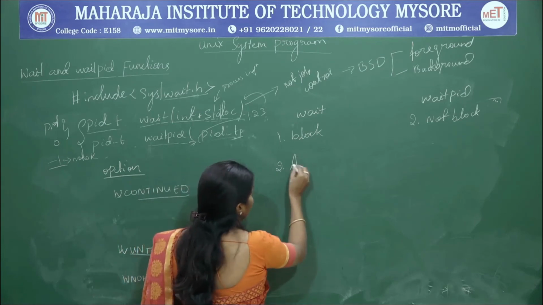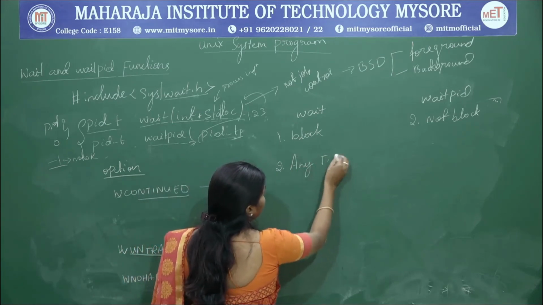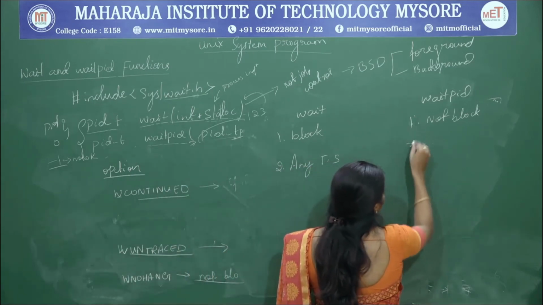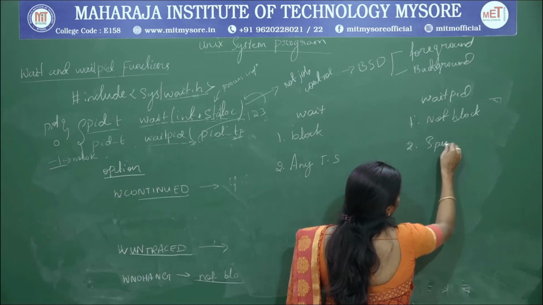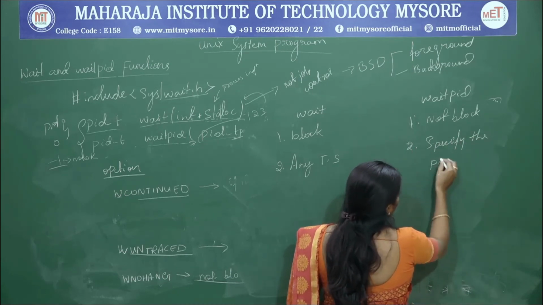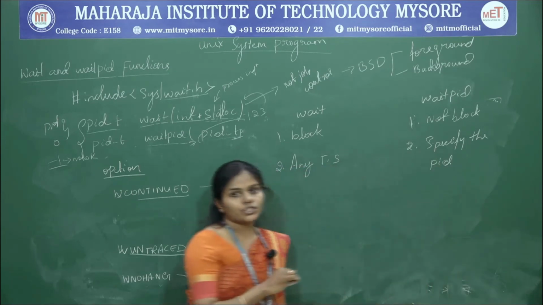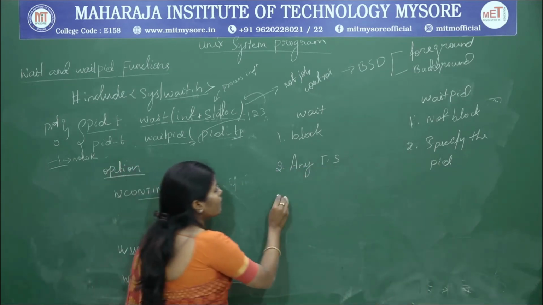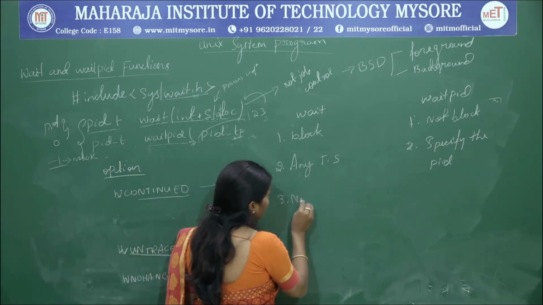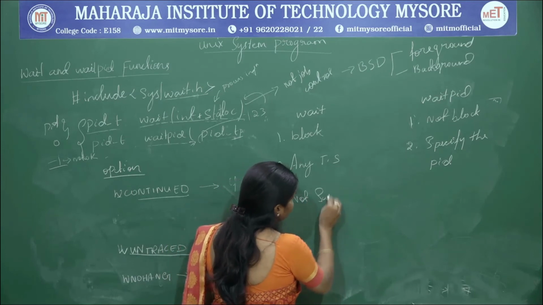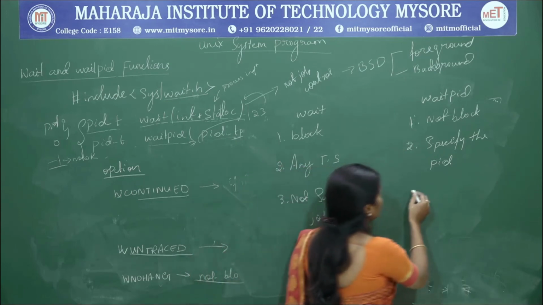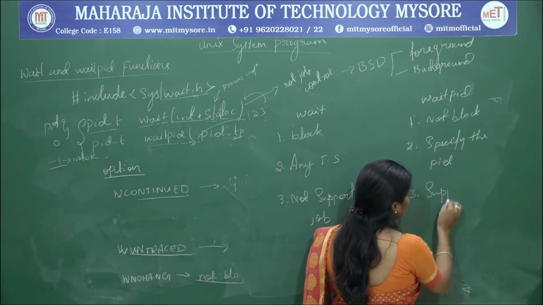The wait is going to take any termination status of the child, but here we can specify a particular child process ID, the PID. The third one is that wait is not going to support job control, but waitpid is going to support job control.